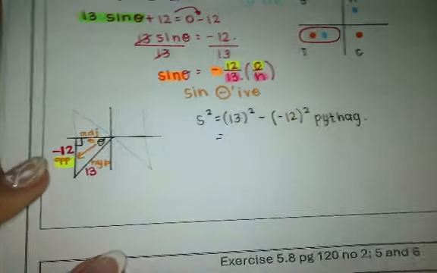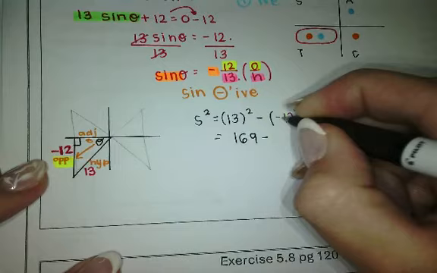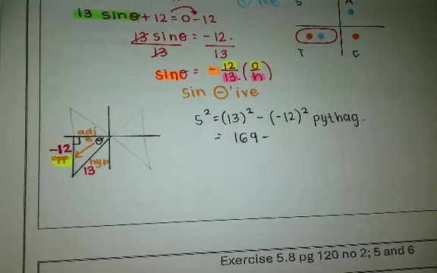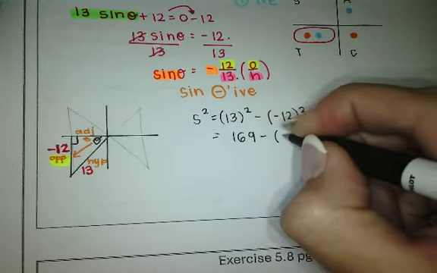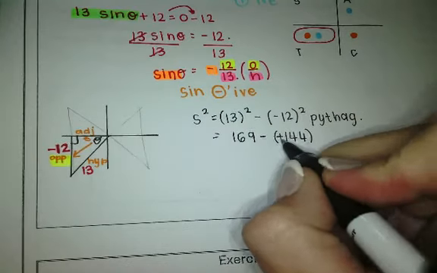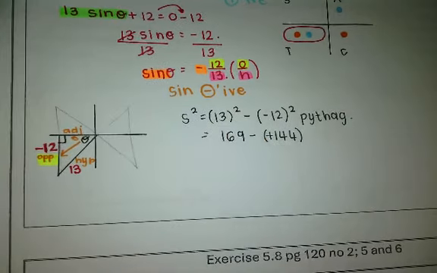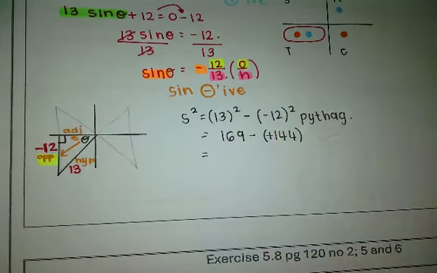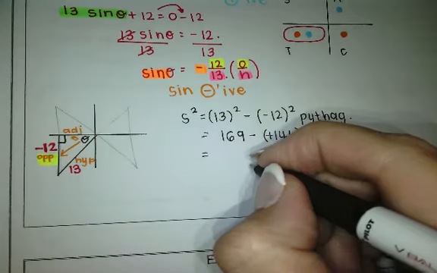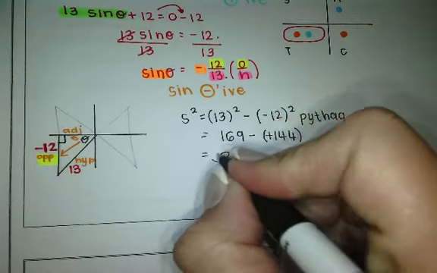Do you understand? Okay, so 13 squared is 169, minus negative 12 squared is positive 144. Okay, that just stays negative. So 169 minus 144 is 25.